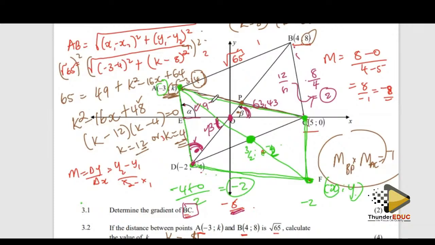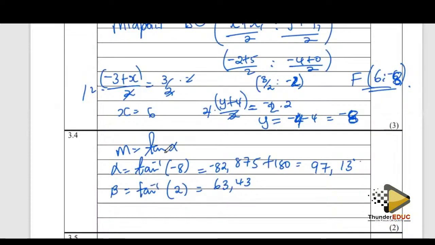This we got as 97.13. So when we get this 63.43 plus this angle must give us that because of exterior angles of a triangle.